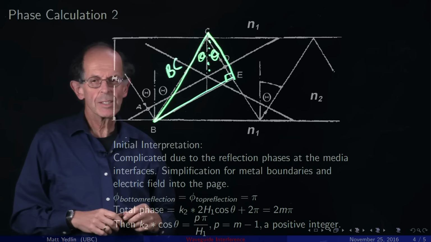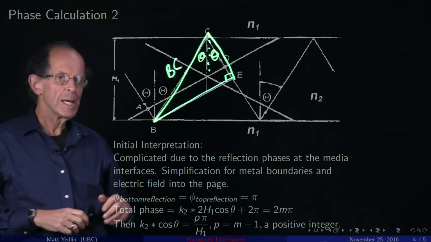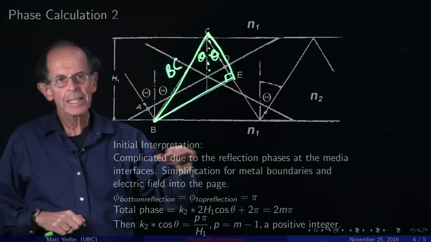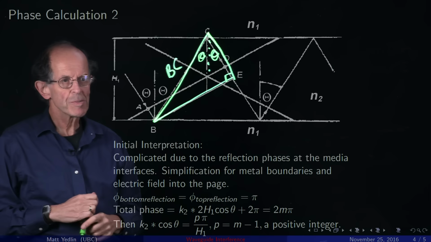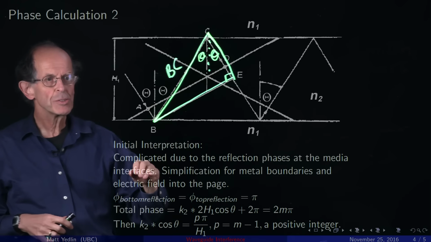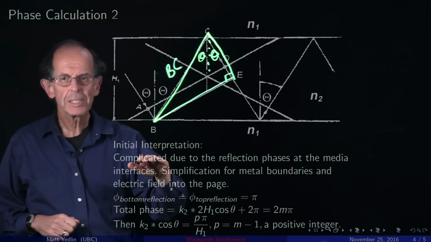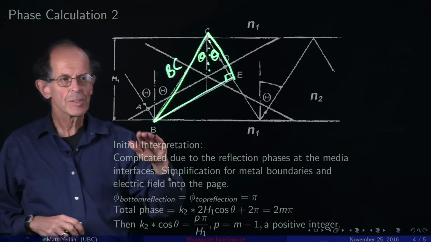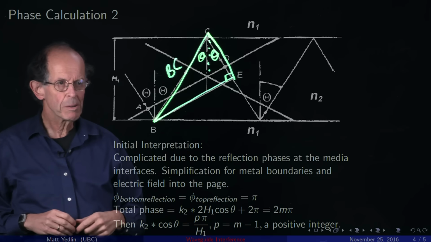When that's the case, we know from class that there is no tangential electric field on a conductor. It must vanish, and therefore there's a phase change at the bottom of 180 degrees and the same at the top, so the two are equal.